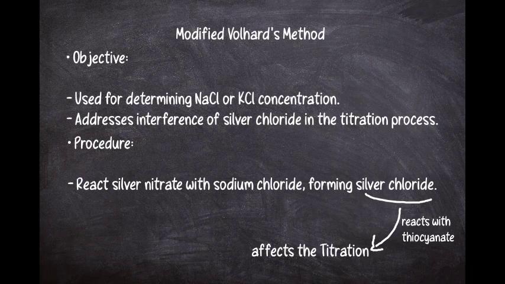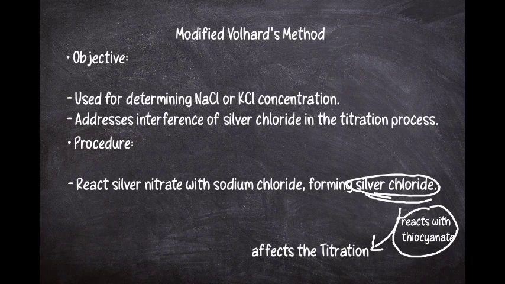The goal is to prevent the interference of silver chloride with the titration process of excess silver nitrate with potassium or ammonium thiocyanate. Before we delve into the modification, let's quickly recall the key reactions involved in the modified Volhard's method. We have the formation of silver chloride and the subsequent titration with thiocyanate.